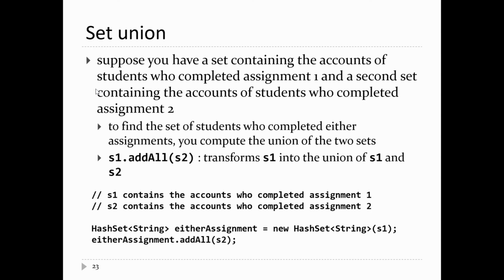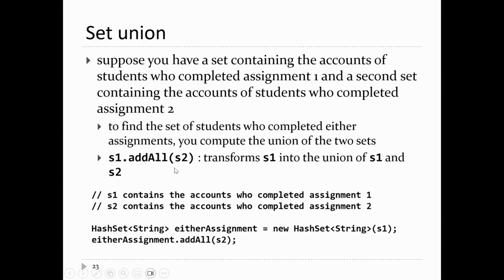I have a set containing the accounts of students who completed assignment 1, and a second set containing the account names of students who completed assignment 2. I would like to know who completed either assignment. They either completed assignment 1 or assignment 2, possibly both. If you want to know the answer to that question, you compute the union of the two sets.